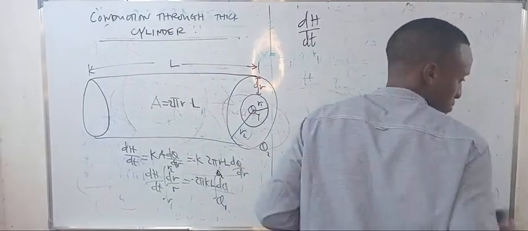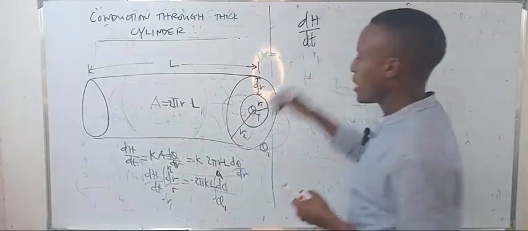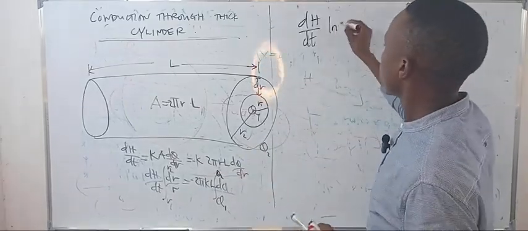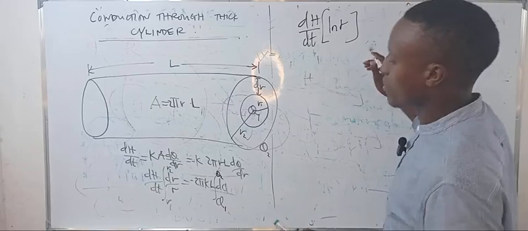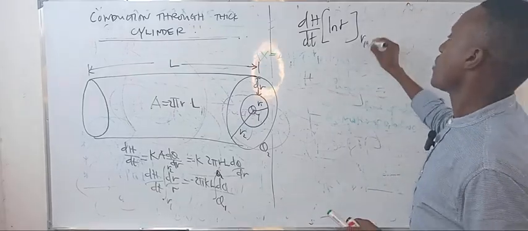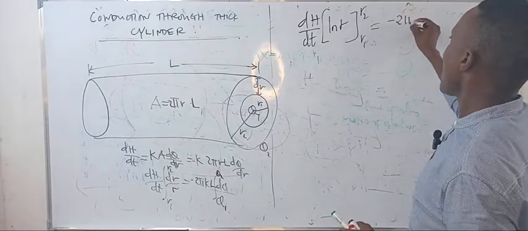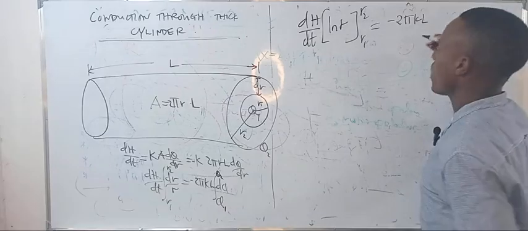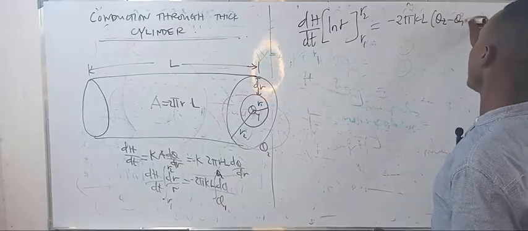So if I put this here, it will be ln of r, from R1 to R2. You need to learn about integration before you go anywhere. It is equal to negative 2 pi k L times theta 2 minus theta 1.